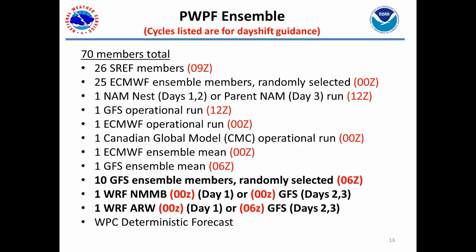For this season, we are going to use 10 guest members randomly selected rather than the 5 we used in seasons past. We're also including the WRF NMMB and WRF ARW as additional ensemble members. However, since these models arrive fairly late and are only run to 48 hours, they will only influence the day one portion of our forecast.